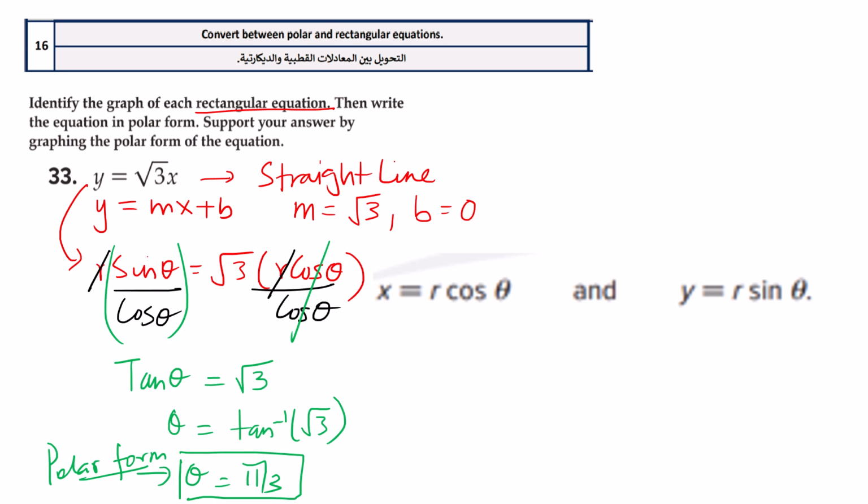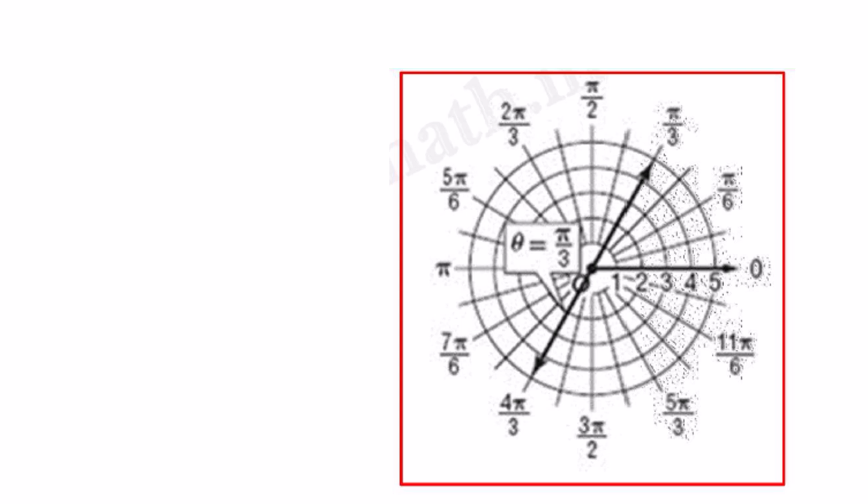I'm going to the polar grid now, and this is how your graph is going to look. Let's check your answer. The final graph is going to look like this. As I already explained to you, it will be a straight line. So y equal to square root of 3 times x was the rectangular equation given. When we convert to polar, we got theta equal to pi by 3.